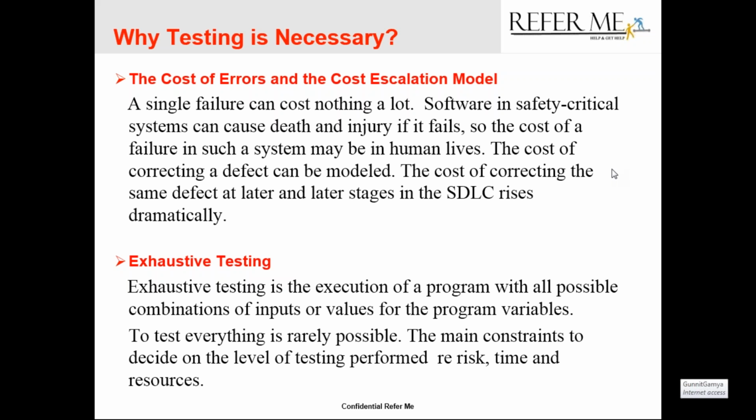Gagan has... Can you please repeat? I could hear you call my name. Yes, Gagan, I have asked why testing is necessary.